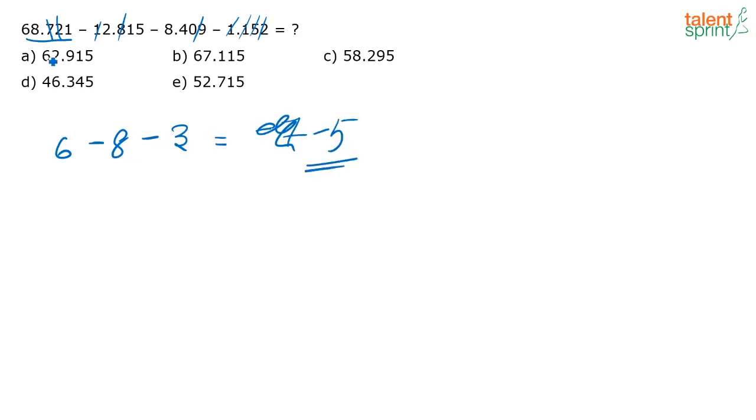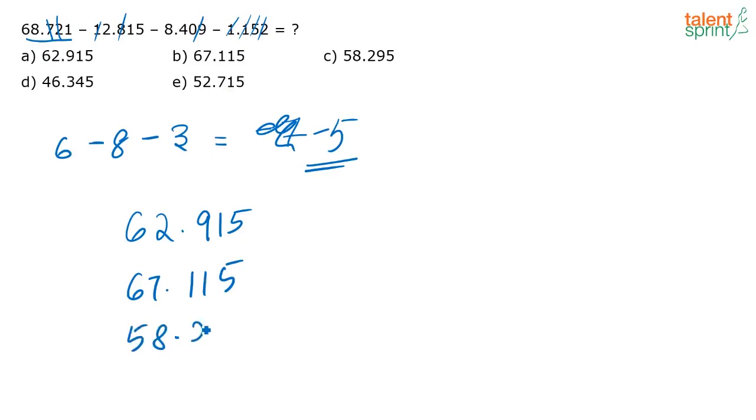Now look at the options here. You have 62.915. Then you have 67.115. Then you have 58.295. Then you have 46.345.